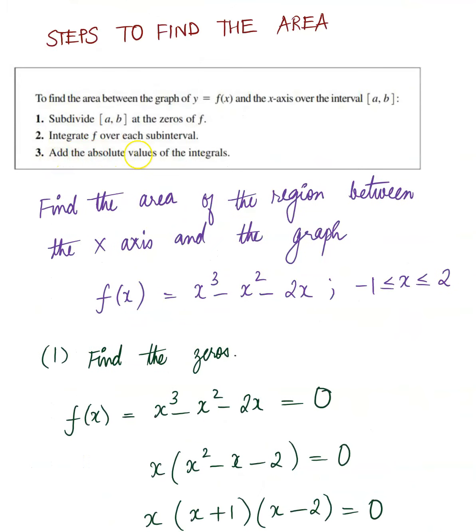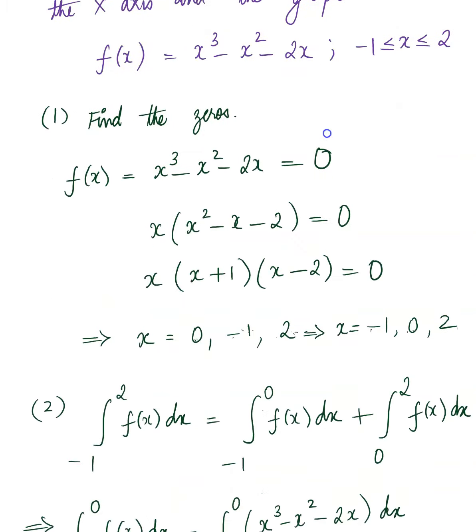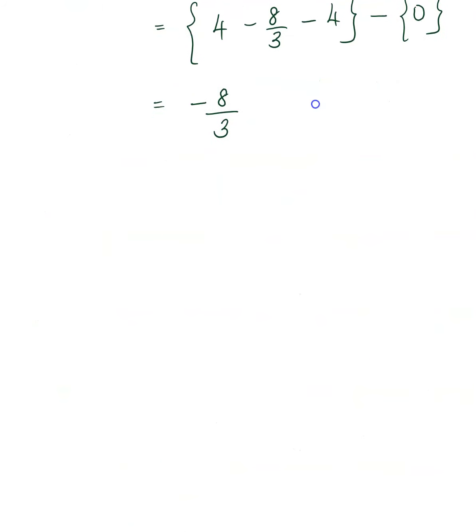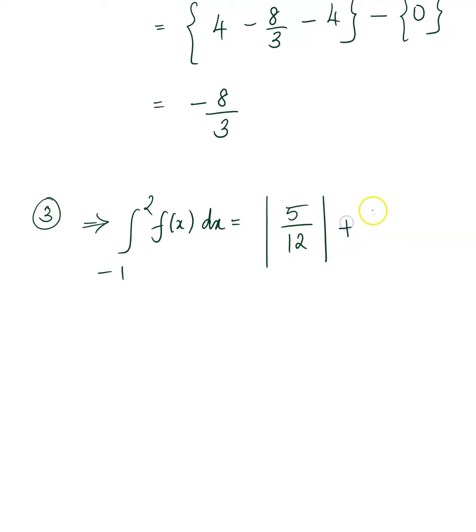Then the third step is to add the absolute values of the integrals. So the third step is, integral negative 1 to 2 of f of x dx will be the absolute value of 5 over 12, the first subinterval, plus the absolute value of the area from the second subinterval.